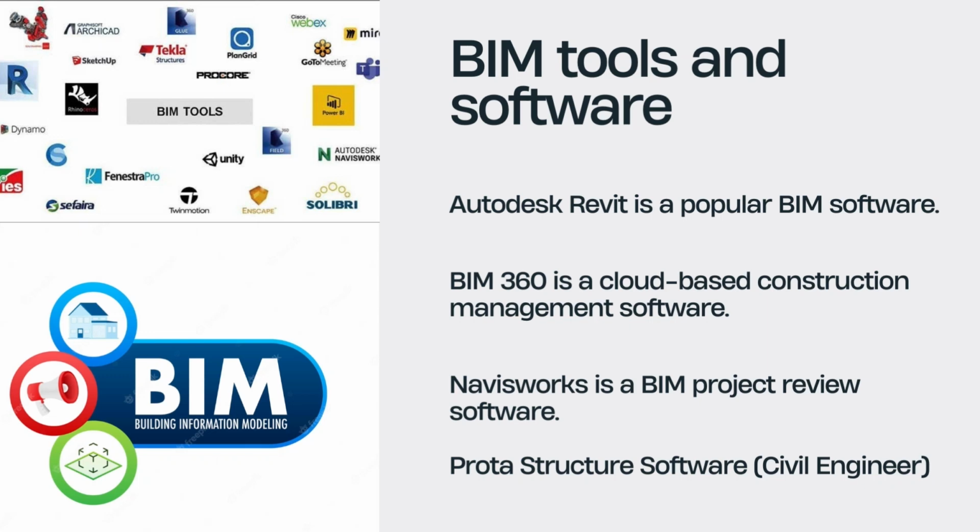Autodesk also has Autodesk Robot Structure for analysis, but we also have this perfect software, which is gradually gaining ground globally. It is the Prota Structure software, which is also a BIM software. In fact, it's an AI BIM software where after doing the modeling, the analysis, and the design, it does the documentation for you straight away. So these are some of the tools that you can look out for.